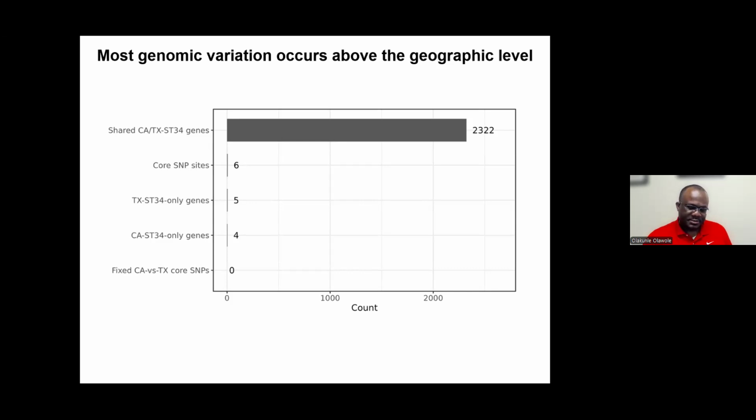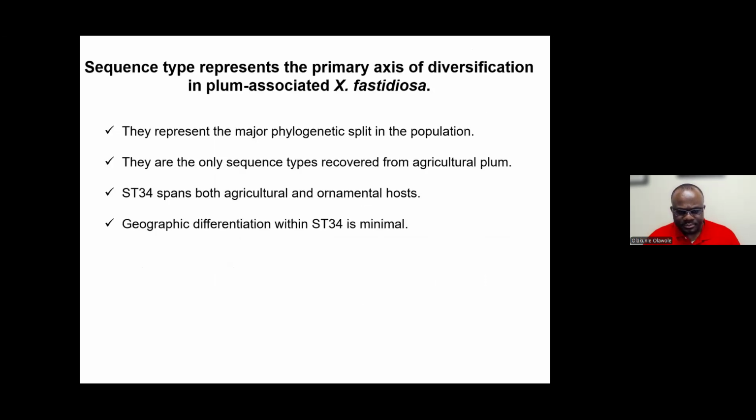And the biological differences observed between the California and the Texas isolates likely arise from other lineage effects, including mobile genetic elements, regulatory variation, or other mechanisms that are not captured by the simple presence, absence, or SNP analysis that were carried out within this ST34.